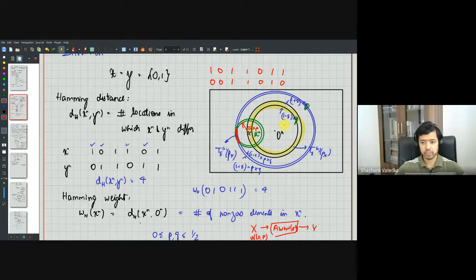It's possible with some small probability it could lie outside the shell also. It can lie anywhere in Hamming space, but the probability that it lies in this shell is overwhelmingly large. As n becomes large, the probability that it lies in this shell is very, very large. And that's just a consequence of Chernoff's law.